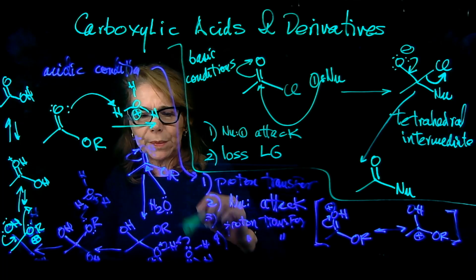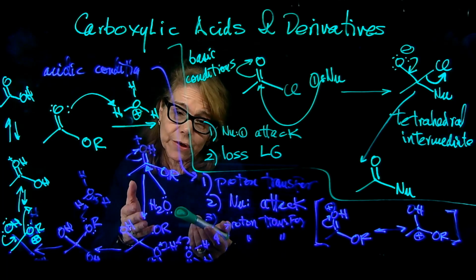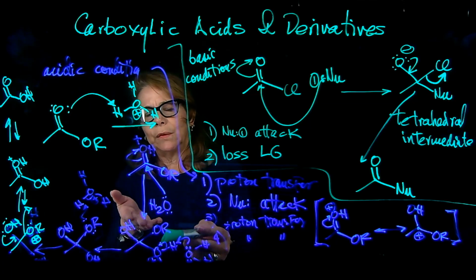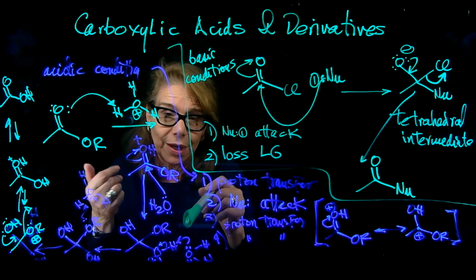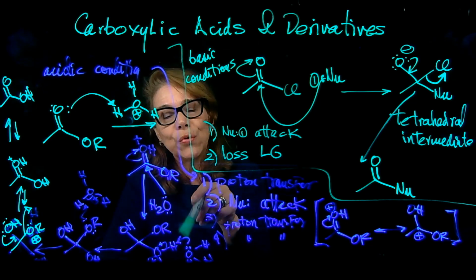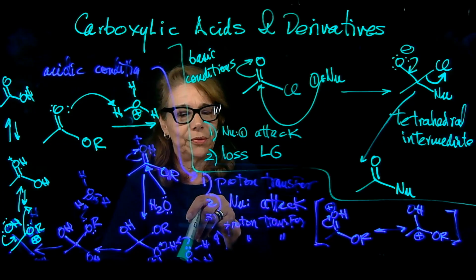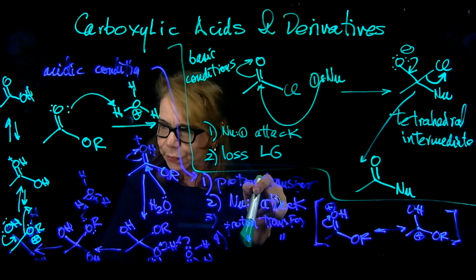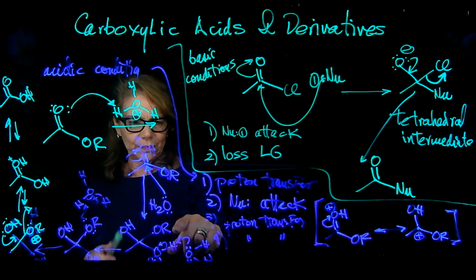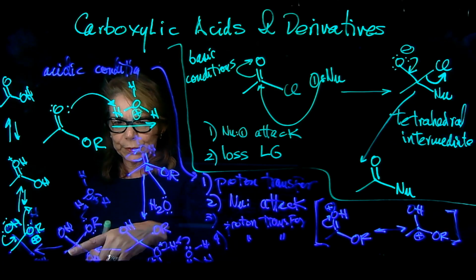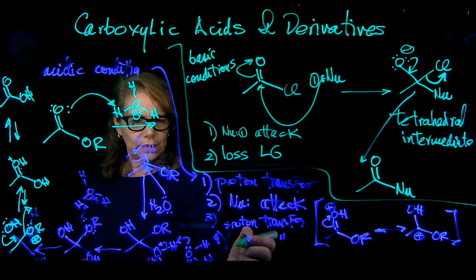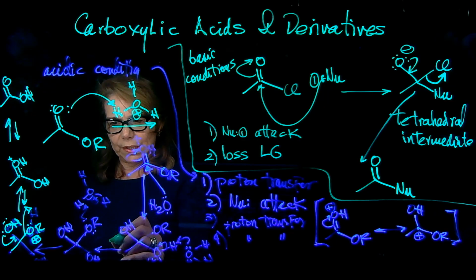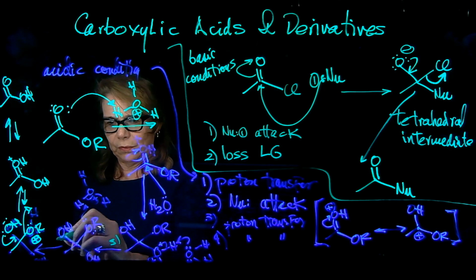So now you're forming another tetrahedral intermediate. And whenever you have these intermediates in which you have, say, an extra proton and a formal positive, you need an extra proton transfer step. So proton transfer, and then proton transfer here, another proton transfer here. So that is steps 3 and 4.